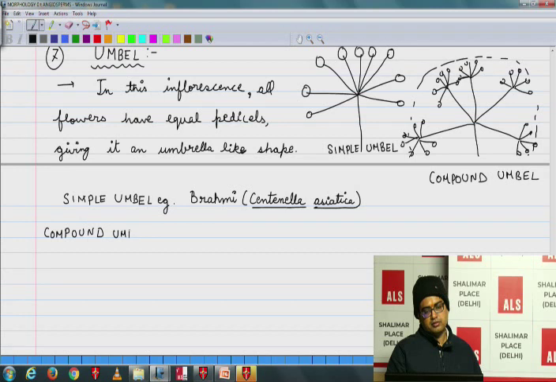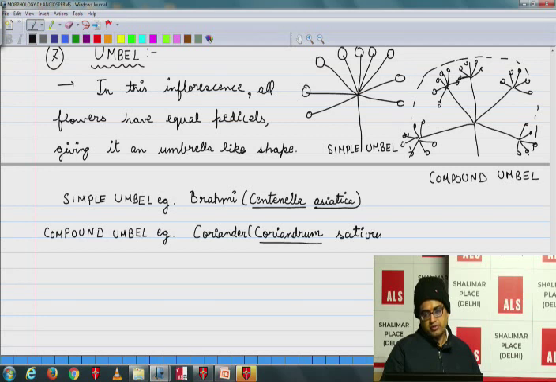Compound umbel. Example, coriander. Coriander is Coriandrum sativum, Dhania. Basically, everybody knows it. Fennel, you know, it's soft.